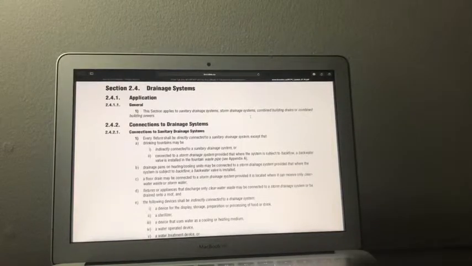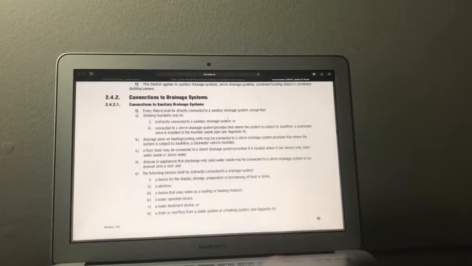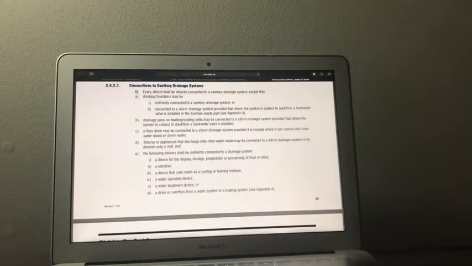Connection to drainage system. Connection to sanitary drainage system. Every fixture shall be directly connected to a sanitary drainage system, except that drinking fountains may be indirectly connected to a sanitary drainage system or connected to a storm drainage system, provided that where the system is subject to backflow, a backwater valve is installed in the fountain pipe.